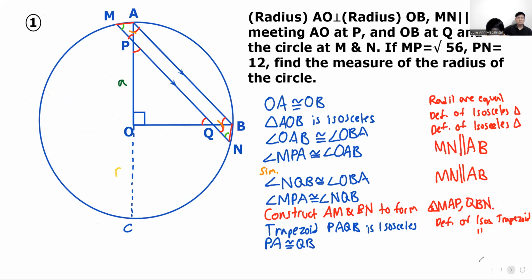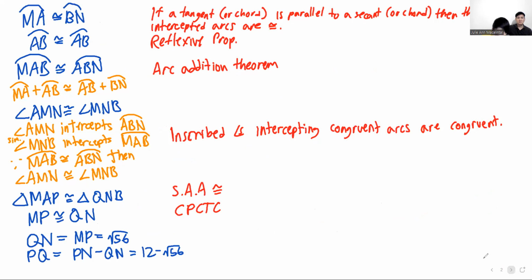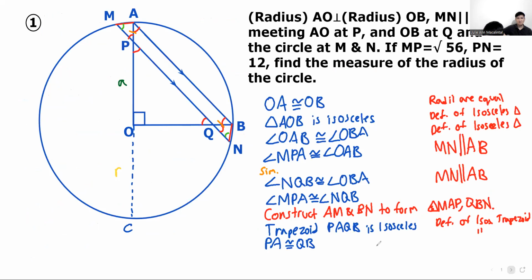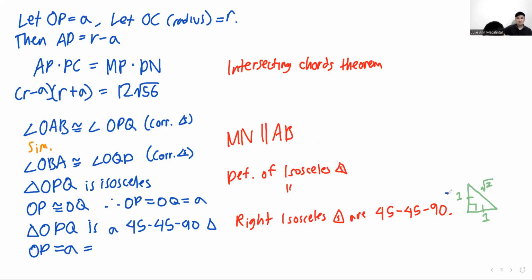So by using the dimensions, OP or A is what we're looking for, and the square root of 2 dimension is 12 minus square root of 56. Therefore, A is equal to 12 minus square root of 56 over the square root of 2.